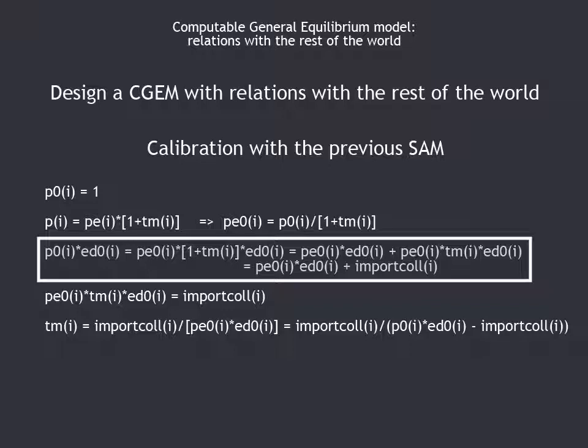Because in fact you can start with the previous equation, multiply by ED0 in sector I, and you've got something which is, after development, P0 times ED0 is equal to PE0 times ED0 plus PE0 times Tm in sector I times ED0 in sector I. And the last element of this right side is in fact the amount collected by public administration by sector.